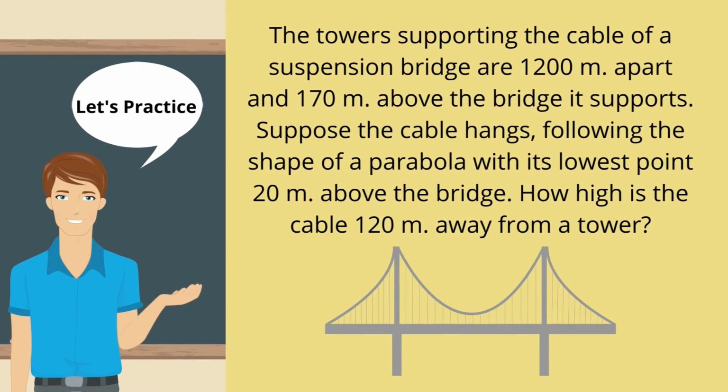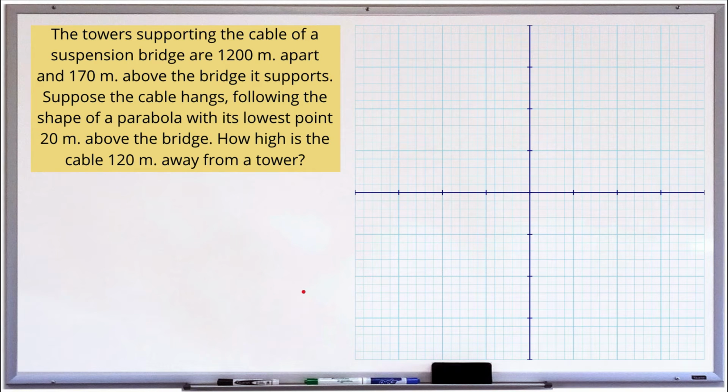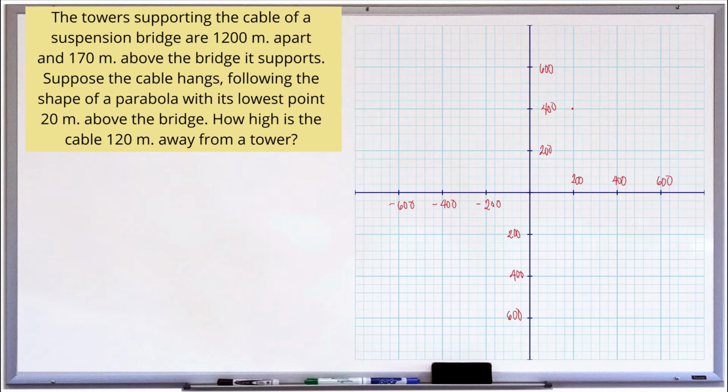For this problem, let us again illustrate it on a Cartesian plane to better understand what we're supposed to find. We have two towers that are 170 meters above the bridge and 1,200 meters apart.